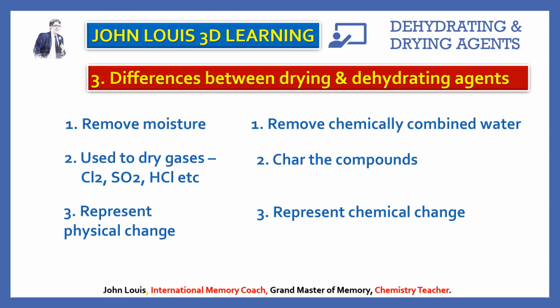Three differences you can give. Drying agent removes moisture, whereas dehydrating agent removes chemically combined water. Drying agent is used to dry gases, whereas dehydrating agent chars the compound, it affects the compound. And third, drying agent brings about only physical change, whereas dehydrating agent brings about chemical changes.